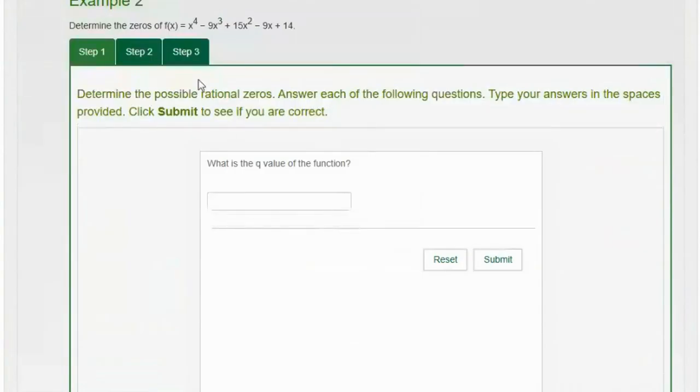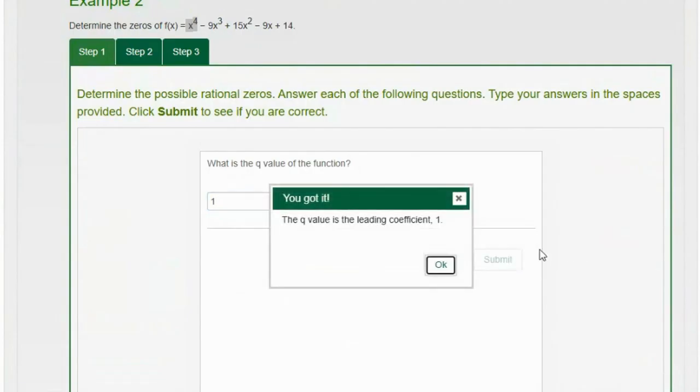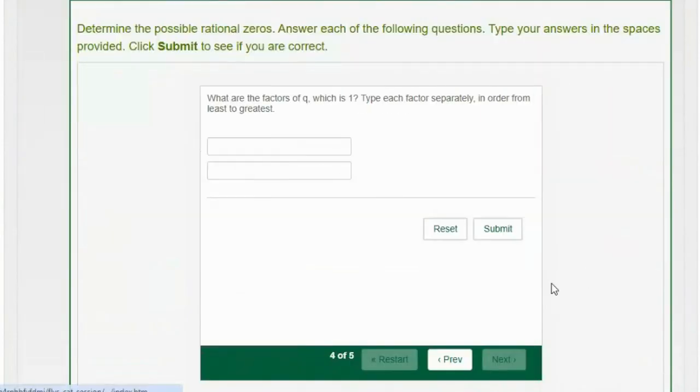What's the q value? Well, it's just x to the fourth, so the coefficient is just a 1. Yeah, the leading coefficient is 1. Well, the factors of q, which is 1, are negative 1 and 1, the only way: negative 1 times negative 1 or 1 times 1.